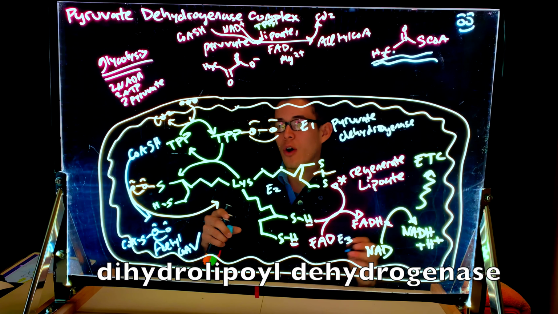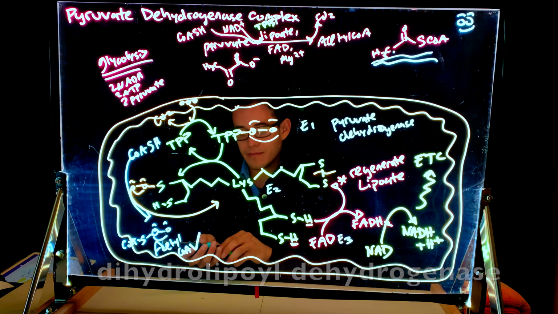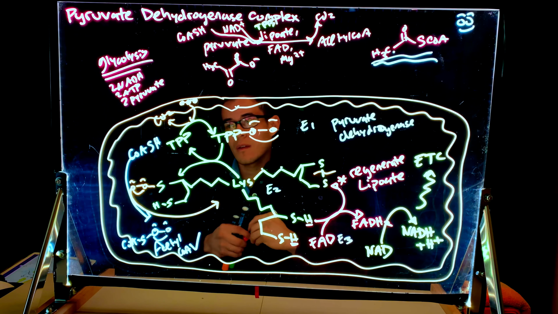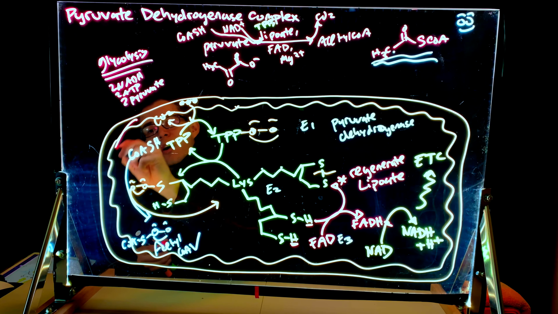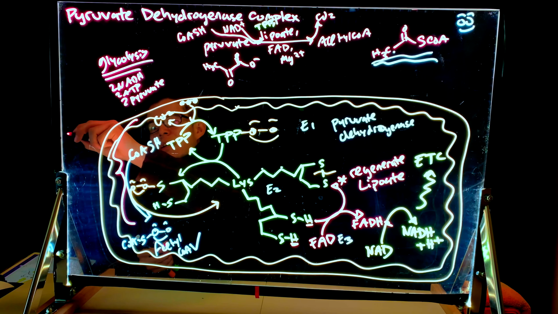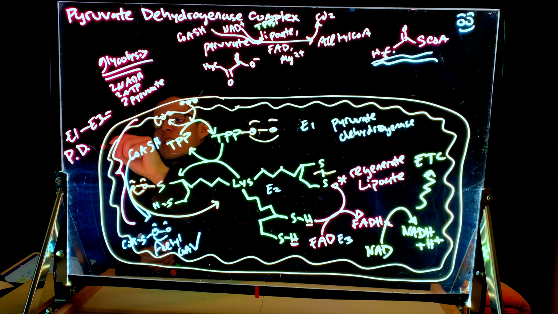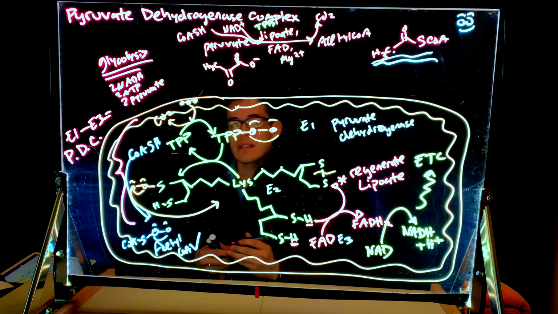Okay? And all of this was part of our, go ahead and put it over here. All of these three, E1 through E3, equals pyruvate dehydrogenase complex.